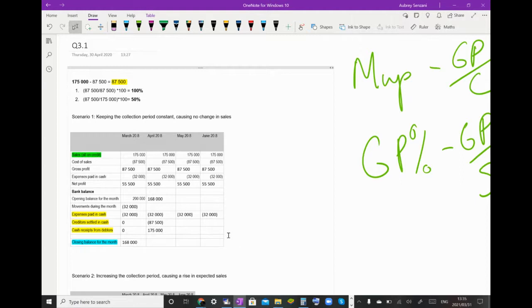Okay, so somebody tell me then, what is the total on our movement, which we know is this total here? What's the total there for our movement during the month of April? Somebody tell me there in the chat. What is the total movement for the month of April?